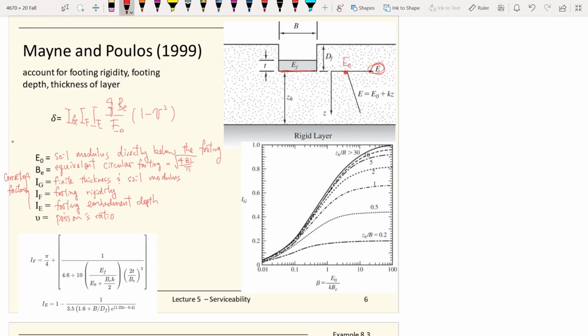So realize on this that I sub F, that's this parameter E sub F here. So E sub F is the modulus of the concrete, or your foundation material.